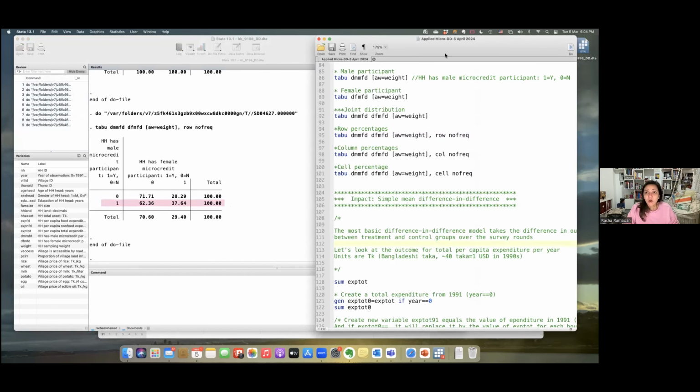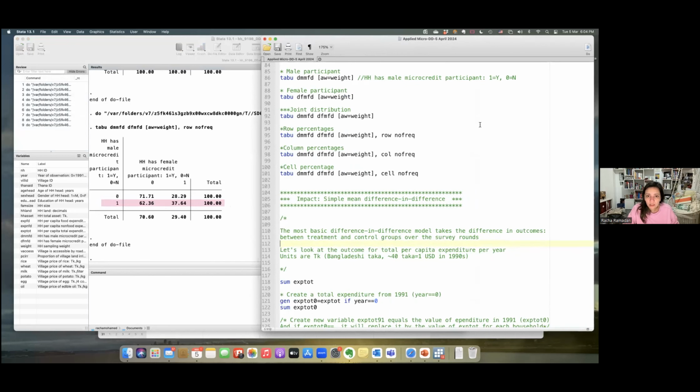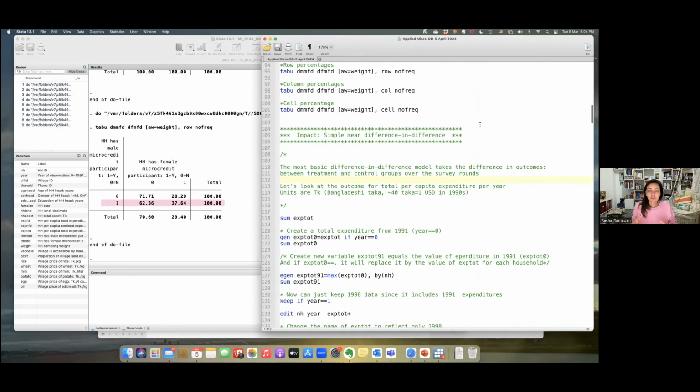Okay. One of the things that we can start with, if I want to compare: here my outcome variable of interest is total per capita expenditure, okay? And my treatment or my program is having a male participant or a female participant in the microcredit program. Our outcome variable of interest is per capita expenditure, measured in the Bangladesh currency, taka.